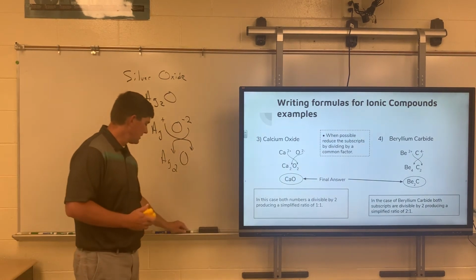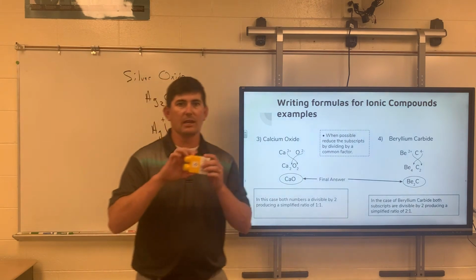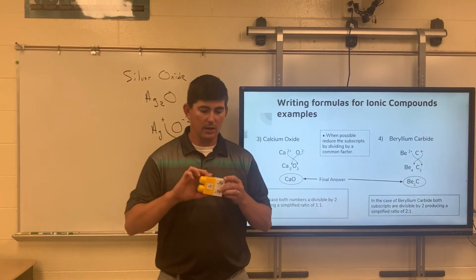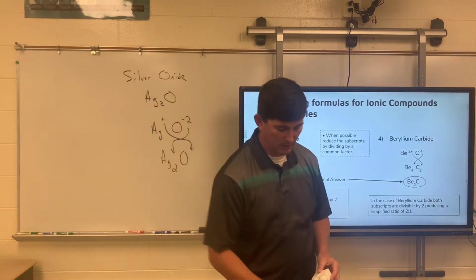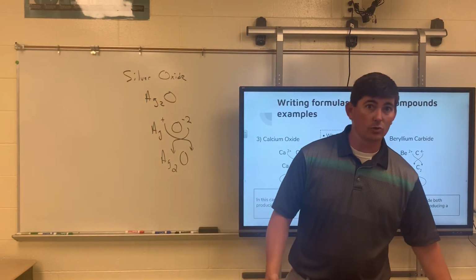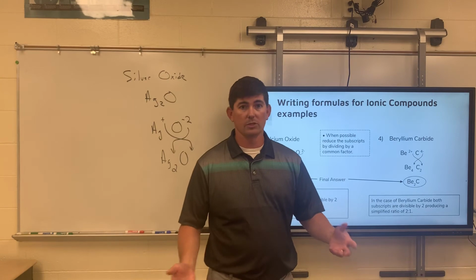So this is just hopefully to give you a visual to help you understand what we're doing here with the whole swap and drop thing, okay? At the end of the day, you're just going to do the swap and drop because it's going to be so much faster.